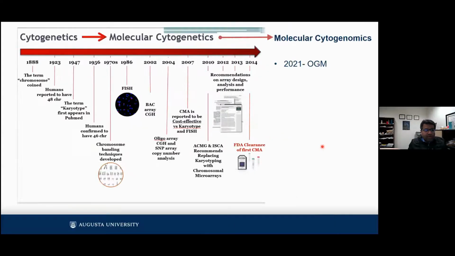One of our plans going forward, from molecular cytogenetics to molecular cytogenomics, is to work on newer technologies and platforms like optical genome mapping and see where and how we can incorporate that platform and technology in clinical care, especially both the constitutional as well as tumor types.